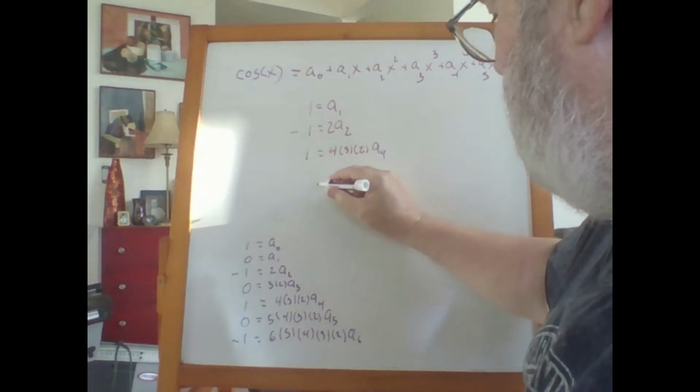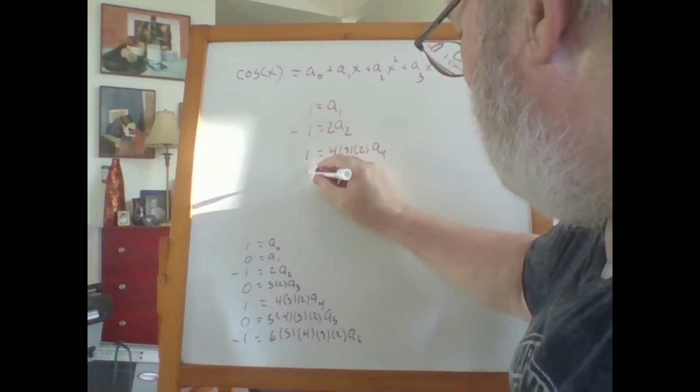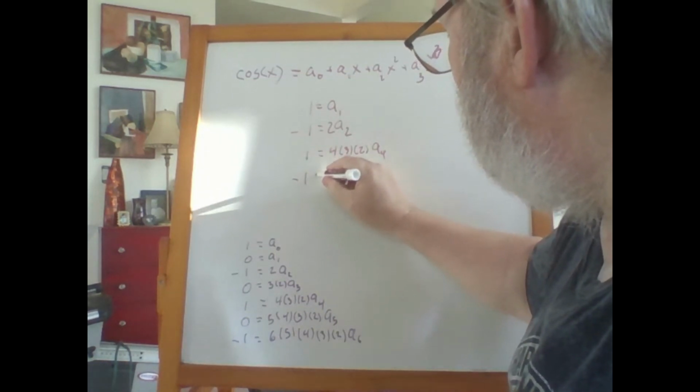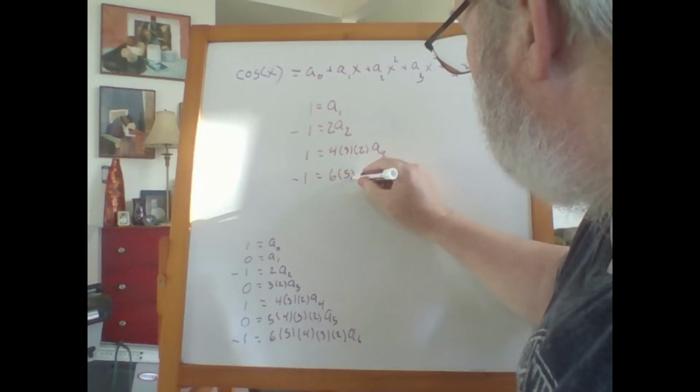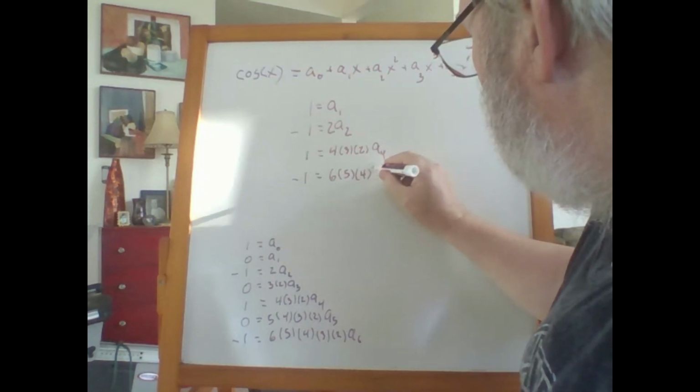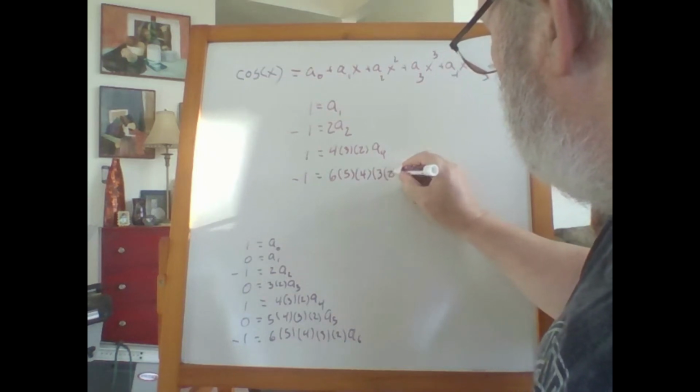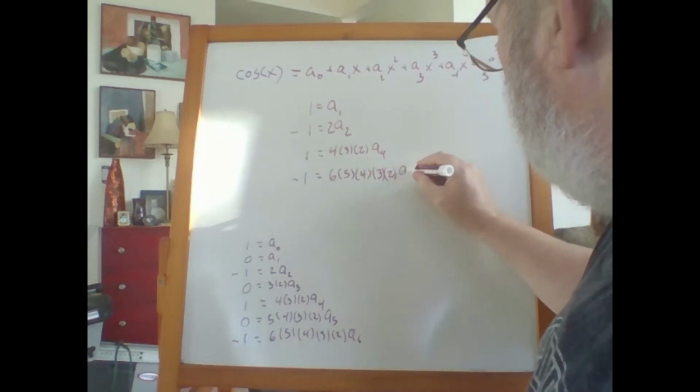Okay, and A5 is 0, and negative 1 equals 6 times 5 times 4 times 3 times 2 A6.